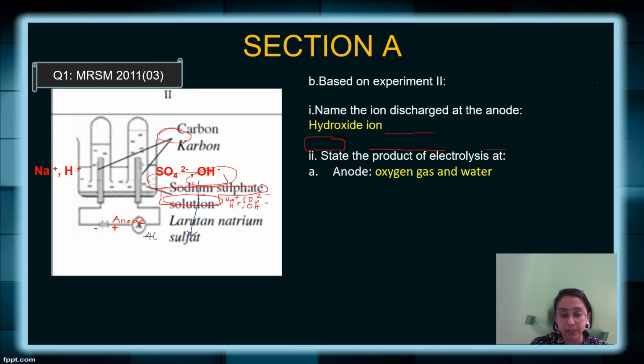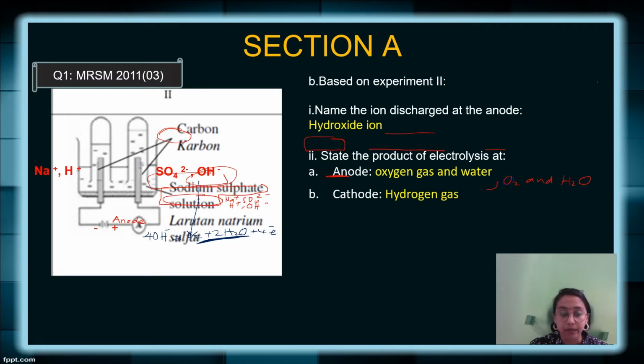So the half equation will be 4OH- → O2 + 2H2O + 4e. So here the product formed will be oxygen and water. They said state, so you just write oxygen and water. If not, you can also write it like this, O2 and H2O, correct, because the question asks you to state.